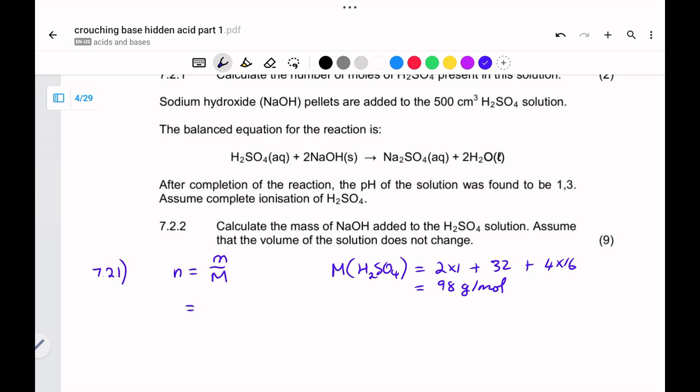Now we substitute. And what do you get? This number.